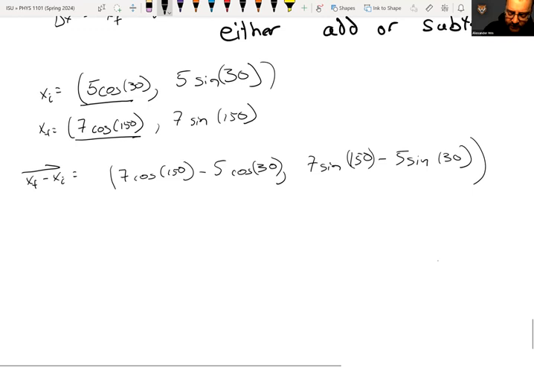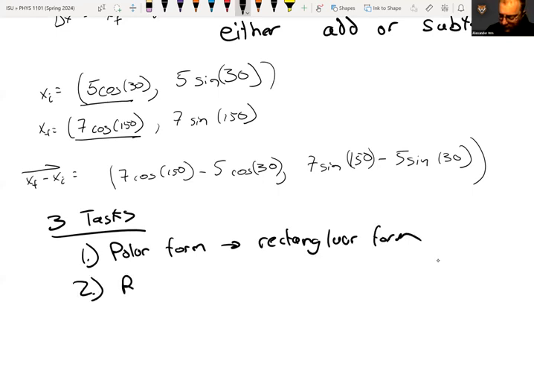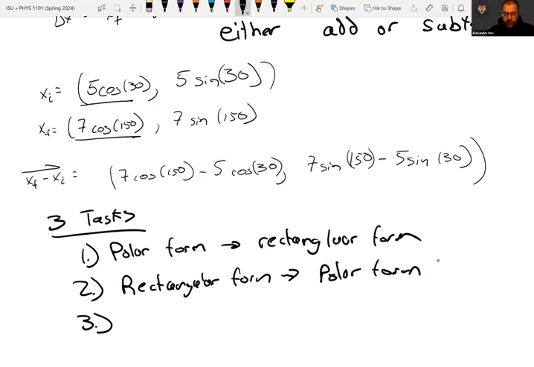Okay, so I'll even write those tasks. 3 tasks. 1, polar form to rectangular form. 2, rectangular form to polar form. And lastly, 3, add or subtract vectors.